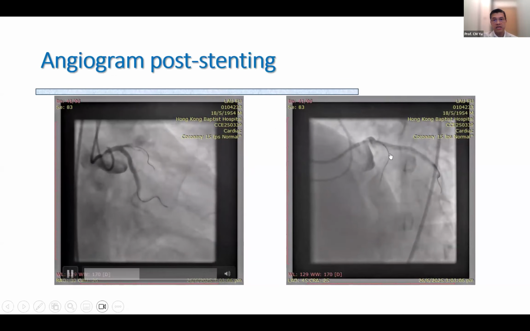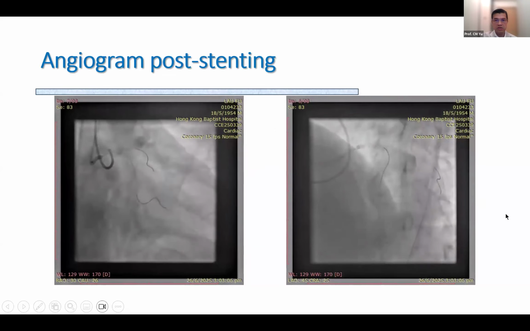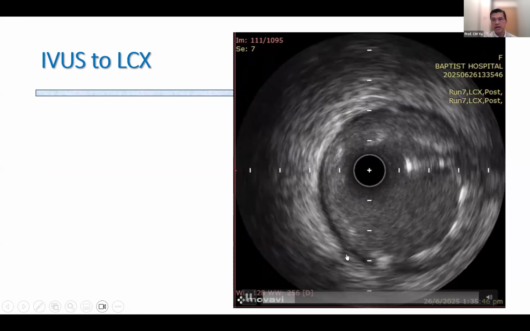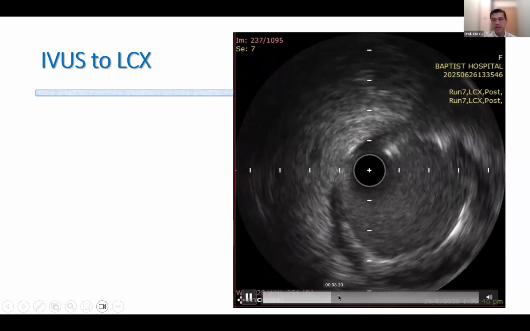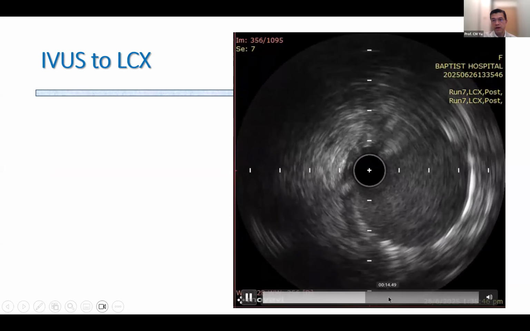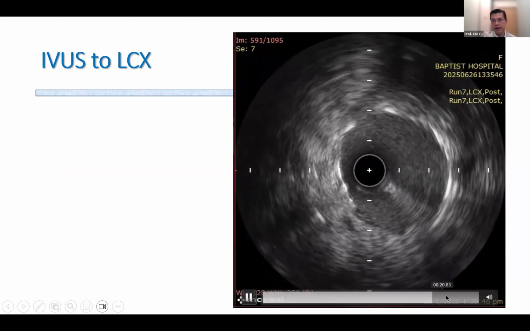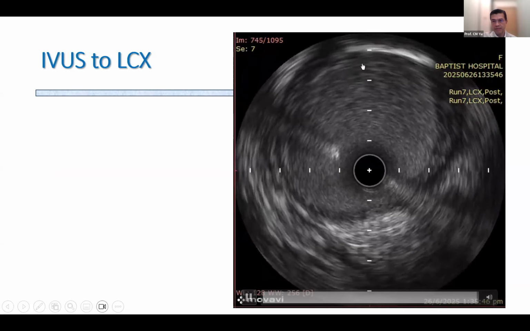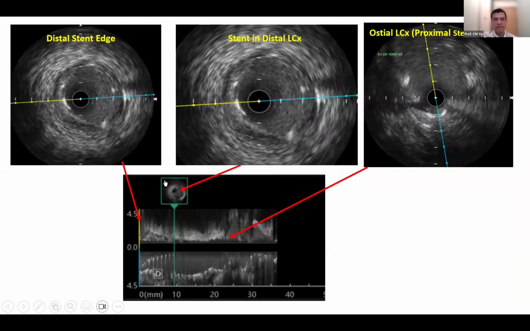Now here is the post-stenting angio, as you can see here, and also here after putting in the two stents, while the IVUS shows that at the distal segment as well as here at the ectatic segment, I think it has been apposing quite well, and also the final MLA is very satisfactory, and also I think here is the ostium of the circumflex, which joins into the left main.